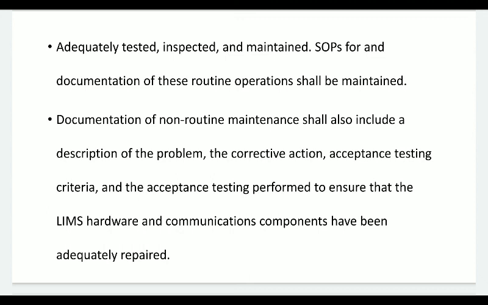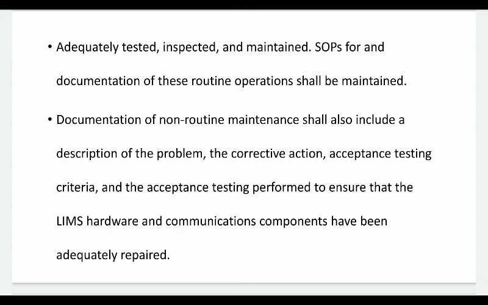So proper documentation is needed: the corrective action, acceptance testing criteria and the acceptance testing performed to ensure that the LIMS hardware and communication components have been adequately repaired. Before maintenance, there is a validation. After maintenance, there is a validation.